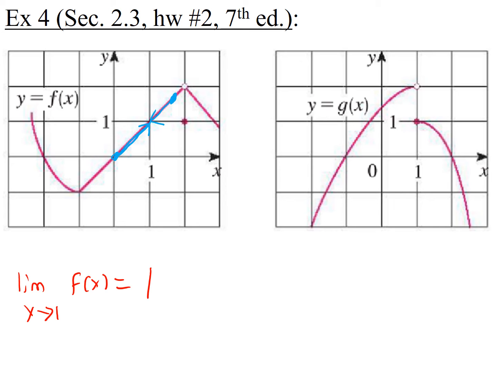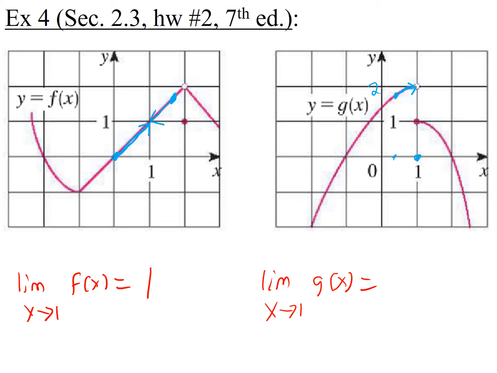The problem is, when you look at g, limit as x goes to 1 of g, what's that limit? Well, if you start on the left of 1, so here's 1. So you got to start on the left of 1, but on the graph, let's say here, and you move towards x equal 1, you head towards that open circle up there, and it looks like the left-hand limit is 2.